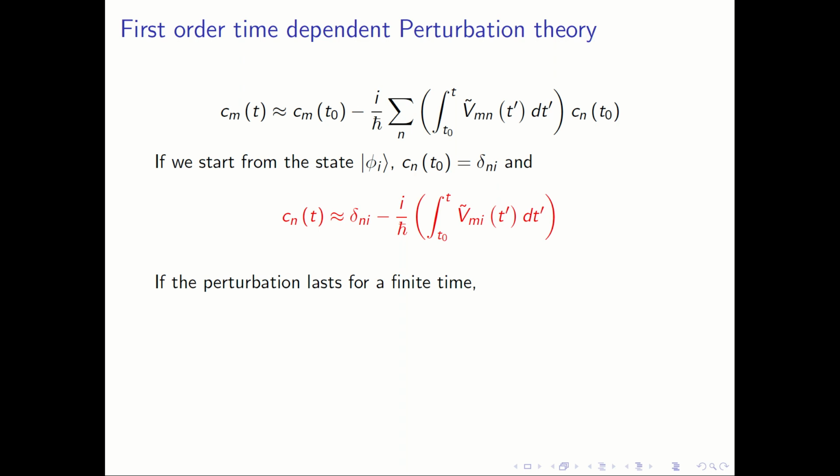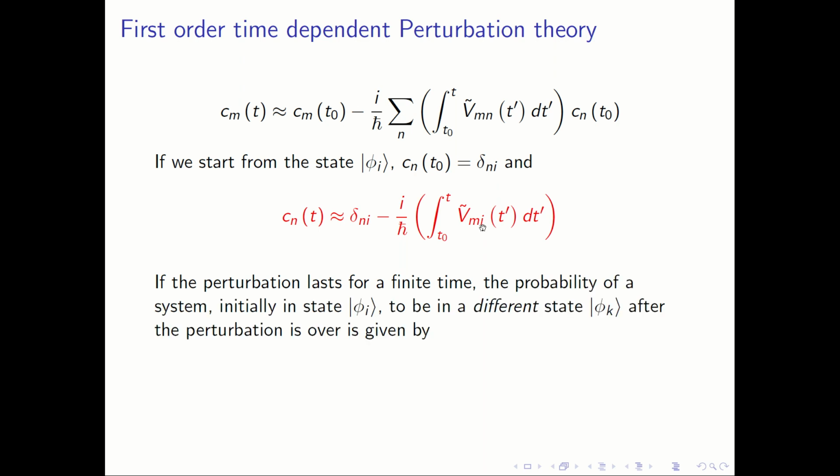Now, it might so happen that the perturbation may last for only a finite time and then go away. That is, your perturbation is non-zero only over a finite period of time. If that happens, we can easily calculate the probability that the state initially in state phi i, which is an eigenstate of H0, will land up in the eigenstate phi k of the same H0, belonging to the same eigenbasis of H0, once the perturbation is over.